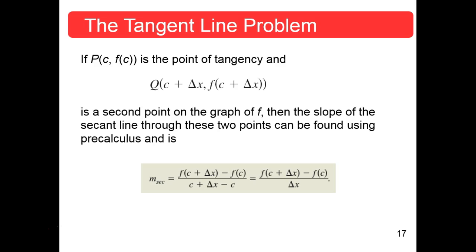This c minus c goes to 0. That just gives you the change of f over delta x. And for any finite delta x, you can get the slope of that secant line. And m sub sec means the secant line.